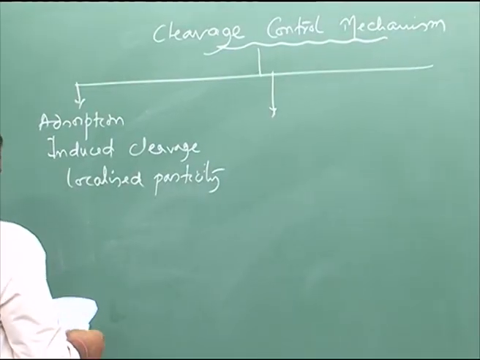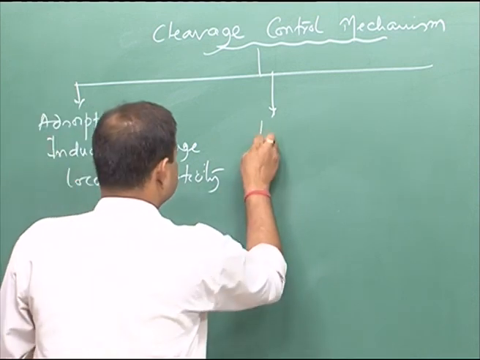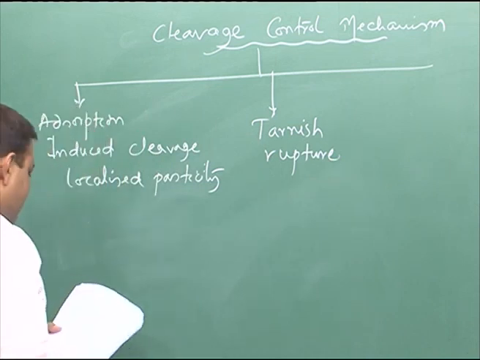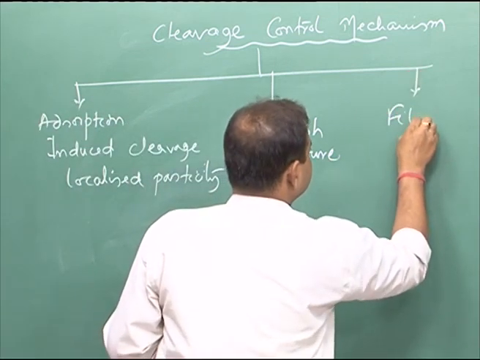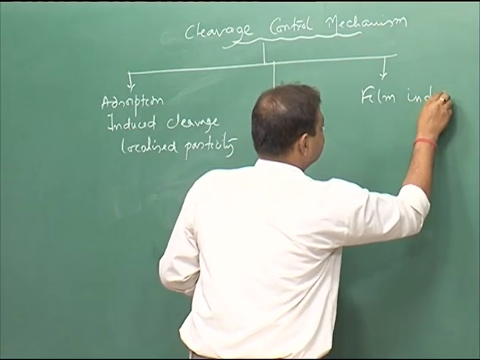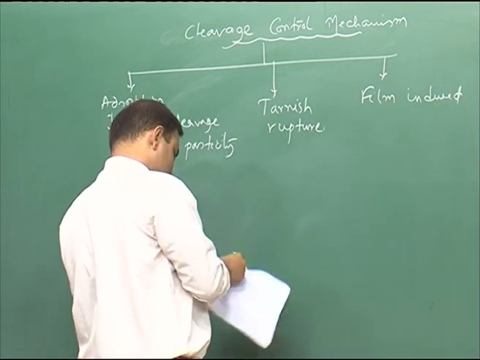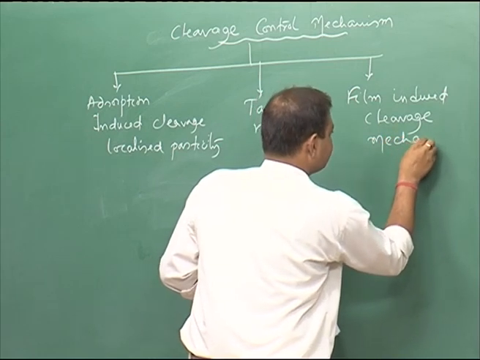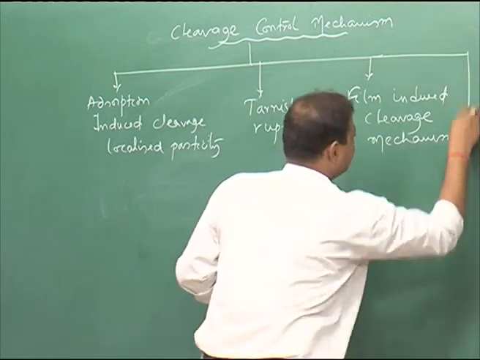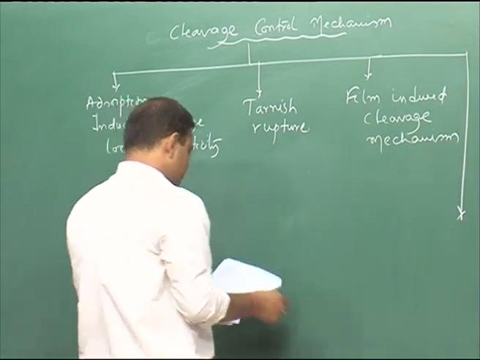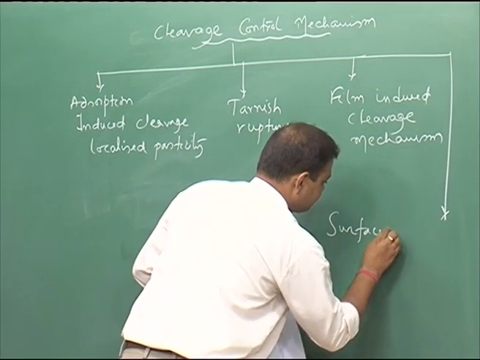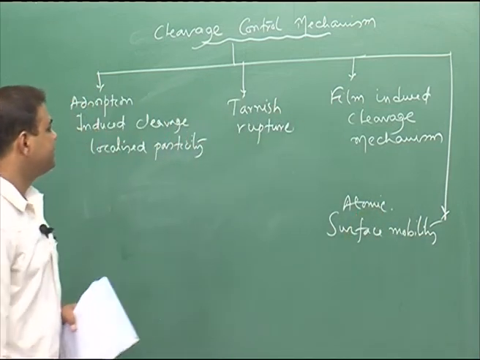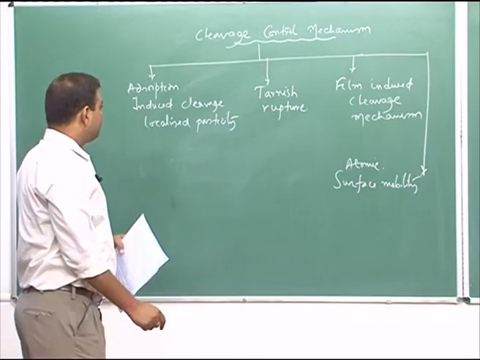It could be the tarnish rupture mechanism, and then it could be the film induced cleavage mechanism, or it could be the atomic surface mobility mechanism, and there are many varieties. Let us concentrate on those four varieties.